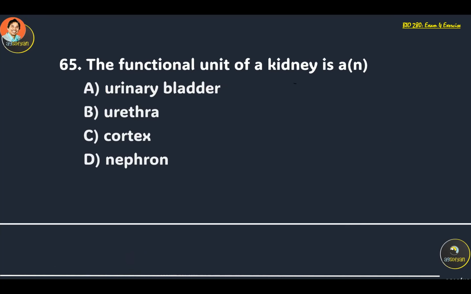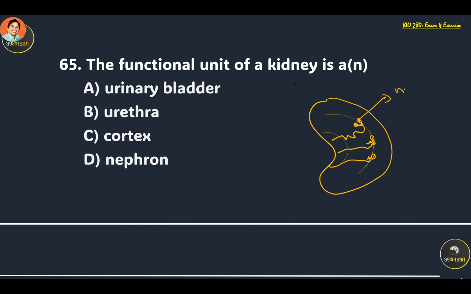The functional unit of the kidney is A, B, C, or D. So inside the kidney, okay, there is a unit of kidney that will actually filter the blood.